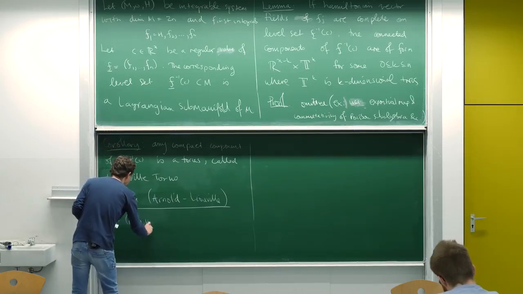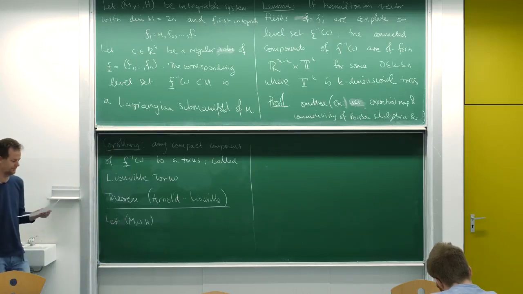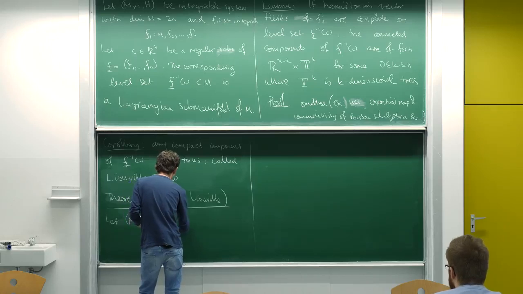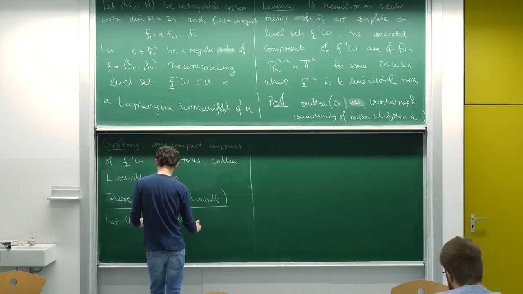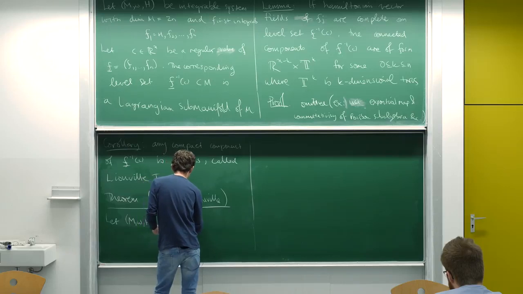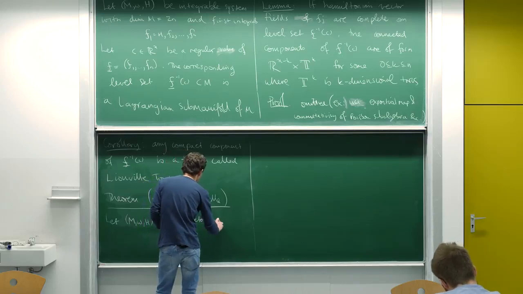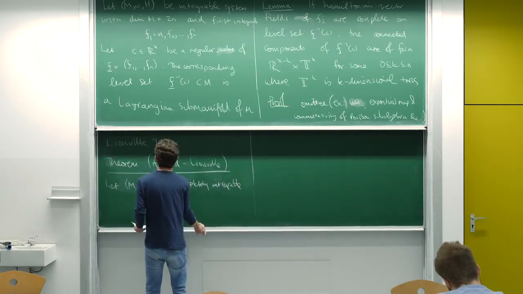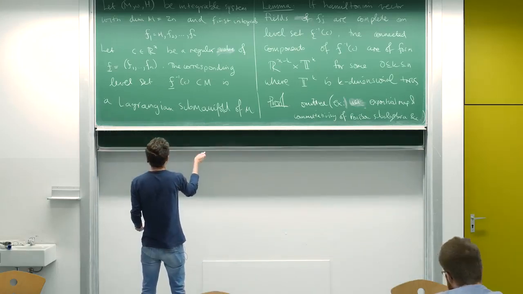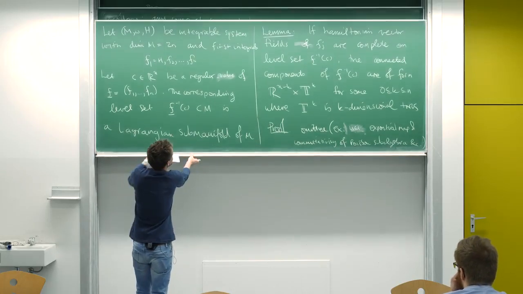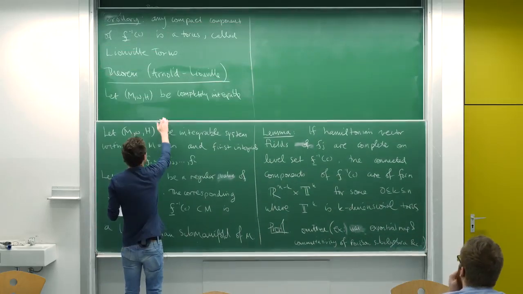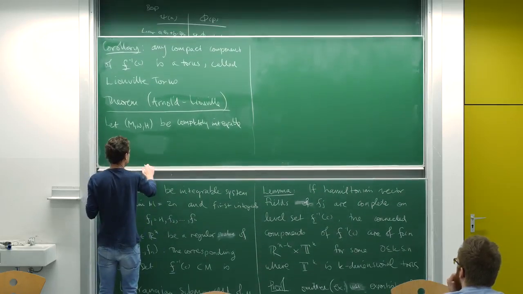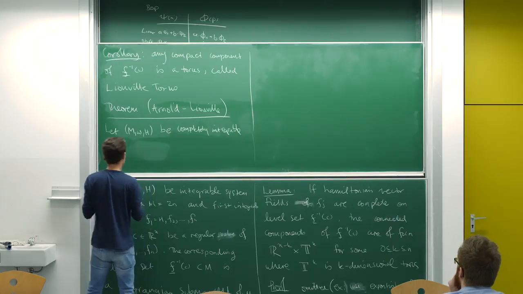So we start as before with a Hamiltonian system, M, omega, H, and we want it to be integrable. And then we'll immediately learn stuff about the level sets of the system already from the lemmas that we've proven. We're going to learn a lot more.